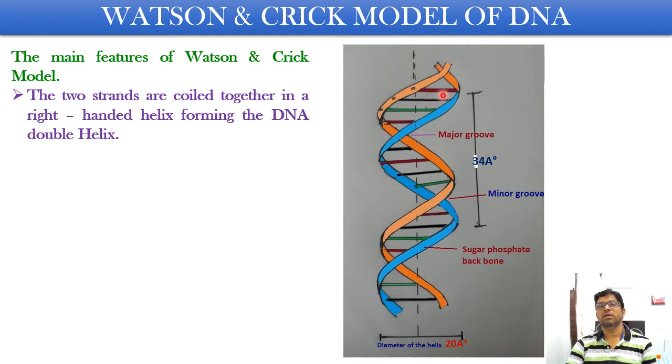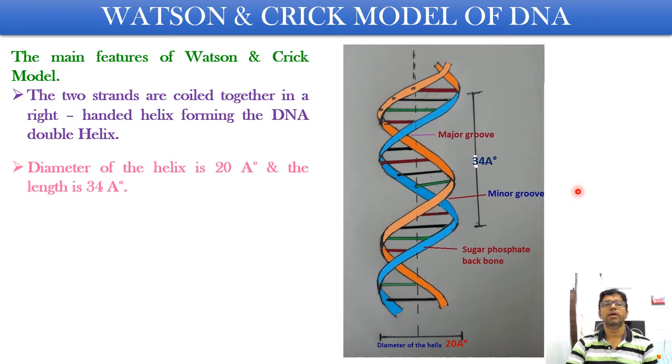This is the right-handed coiling of the DNA molecule. The two strands coil along their longitudinal axis in a right-handed direction, forming the DNA double helix.